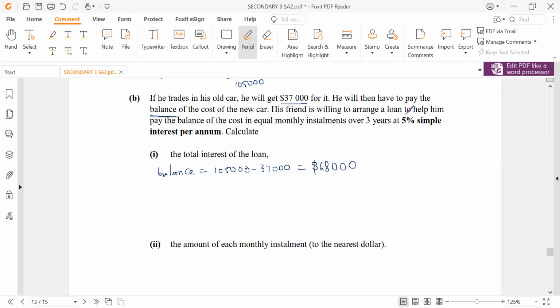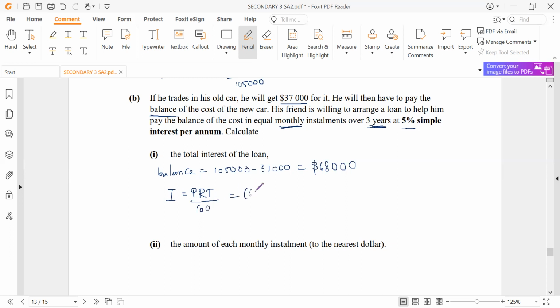So now the installment is monthly, over 3 years at 5% simple interest. For this part, they only ask you to calculate the interest. So it's a direct, straightforward question. To calculate interest, you take PRT over 100.